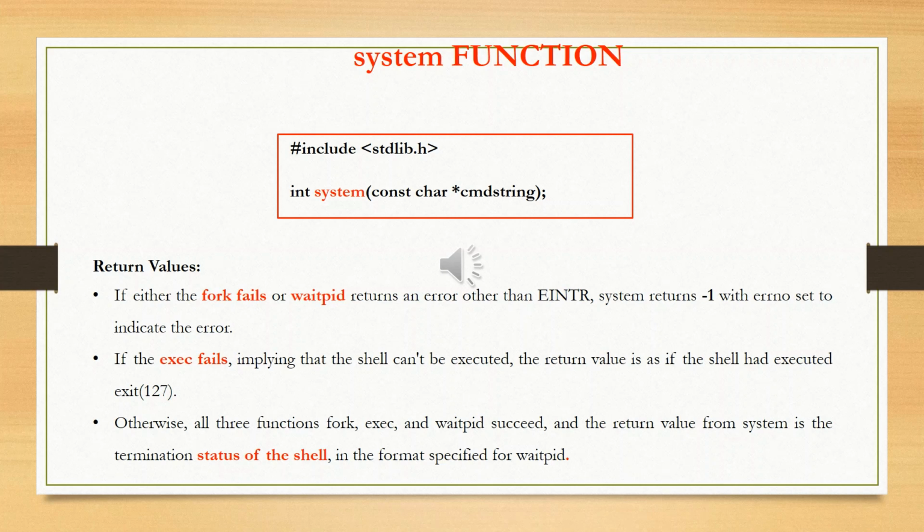The syntax is #include <stdlib.h>, then int system(const char *cmdstring). The system function returns an integer value. It returns -1 if either fork fails or waitpid returns an error.